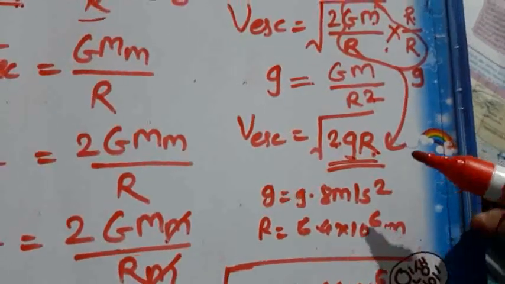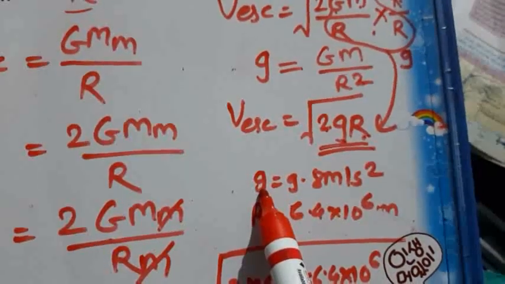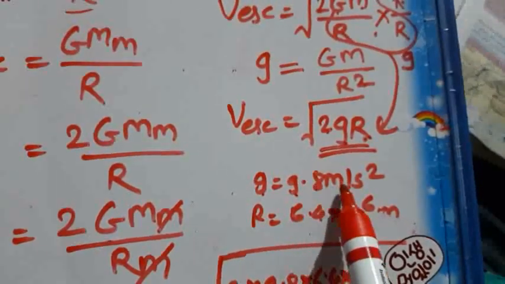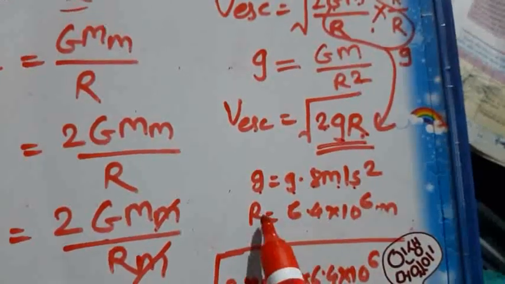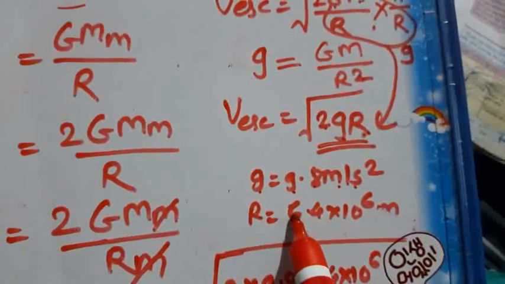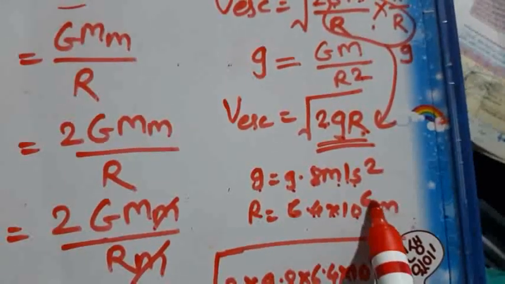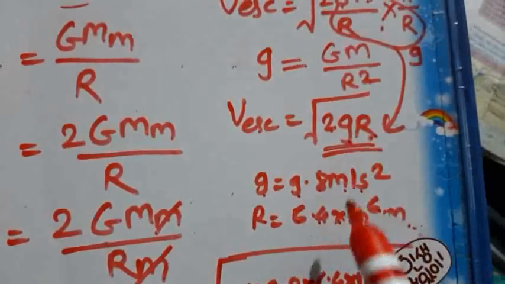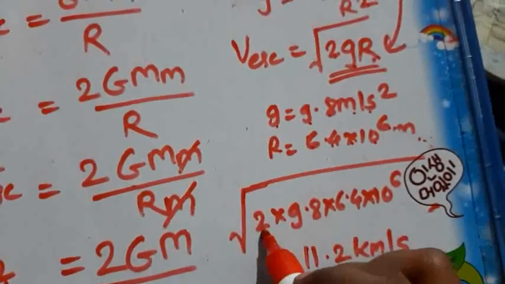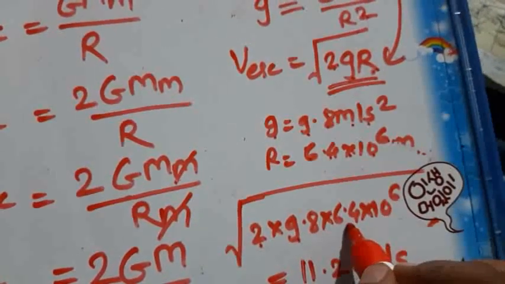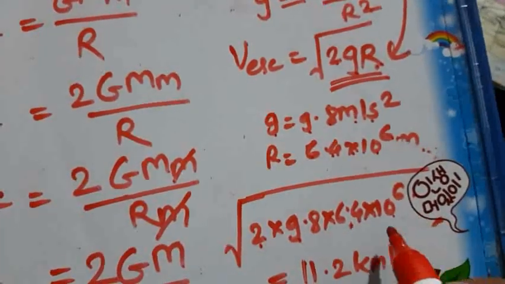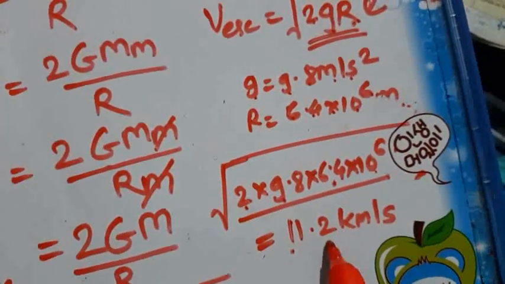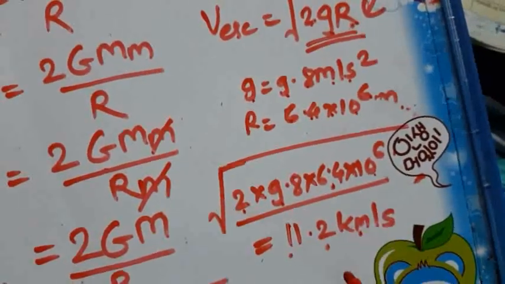Now we know that the value of acceleration due to gravity is approximately 9.8 meter per second square. Radius of earth is 6.4 into 10 raised to 6 meter. These values we will put in this formula. It will become 2 into 9.8 into 6.4 into 10 raised to 6. If we solve this, we will get the answer 11.2 kilometer per second.